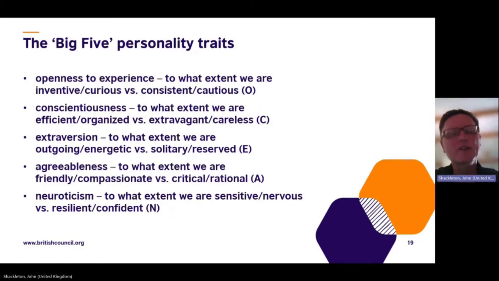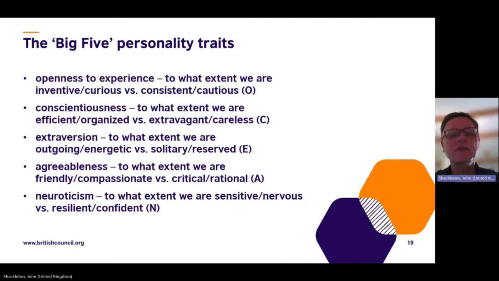And then finally, neuroticism, which is to do with the extent to which you are, at one extreme, very sensitive, very easily troubled and disturbed, and at the other end of the spectrum, more resilient, more confident, and in a sense more grounded in your personality.